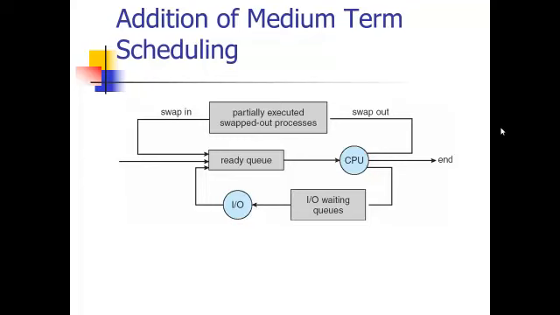So the medium-term scheduler is based on swap in and swap out from the secondary storage, and this particular mechanism also requires certain scheduling. So we call it as the medium scheduler. So this particular scheduling will be available in two stages.